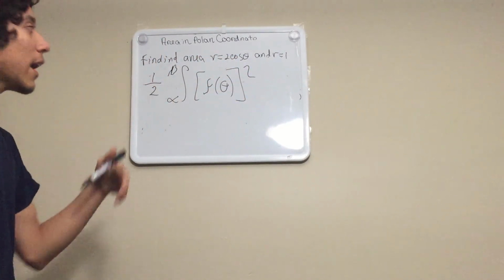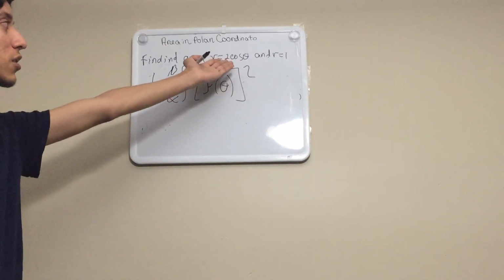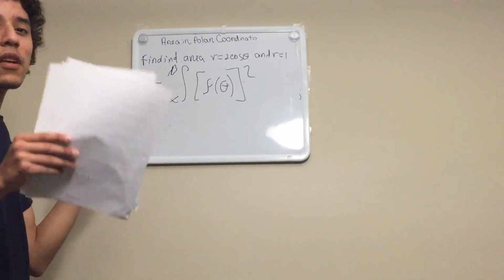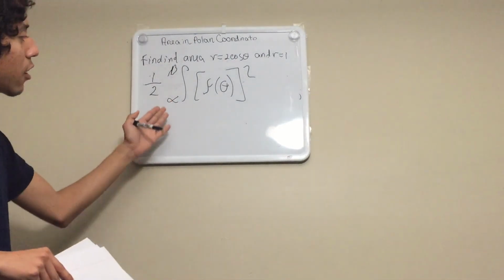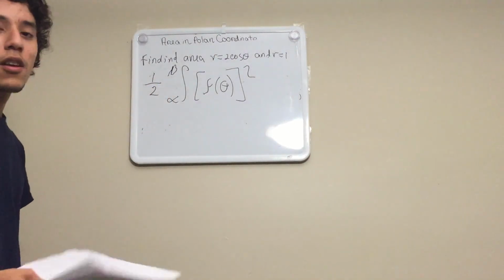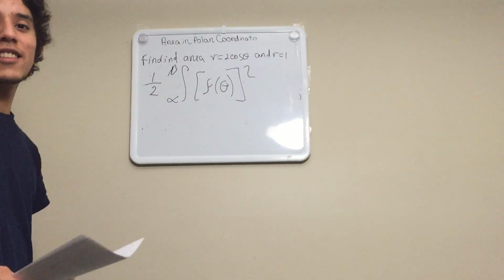When we have a question like this, we just have to look at where the graph is bounded, and that's how we determine our alpha and beta. So that is it, guys. Thank you.